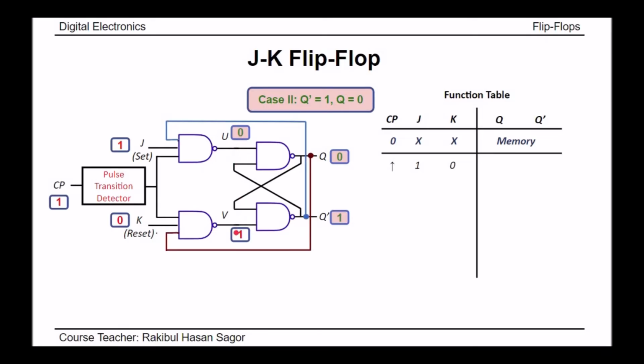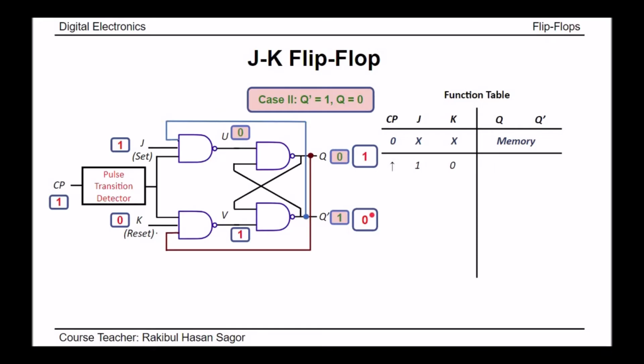For 0 and 1 input, the circuit is set. So for set output, this output will be converted to 1 and 0, because whenever 0 and 1 appear here, the output will be set. Set means q equal to 1, q prime will be 0.